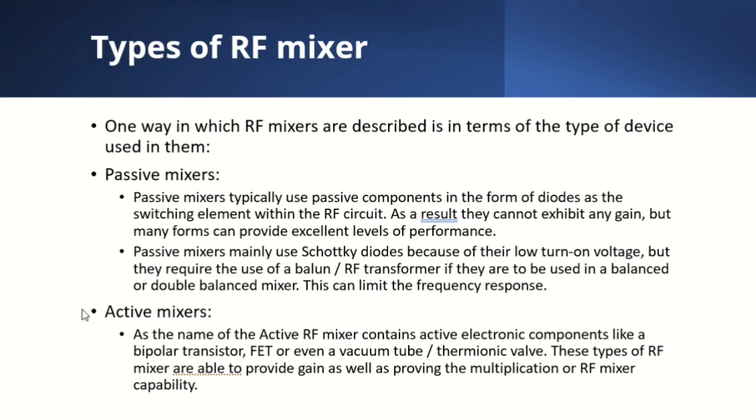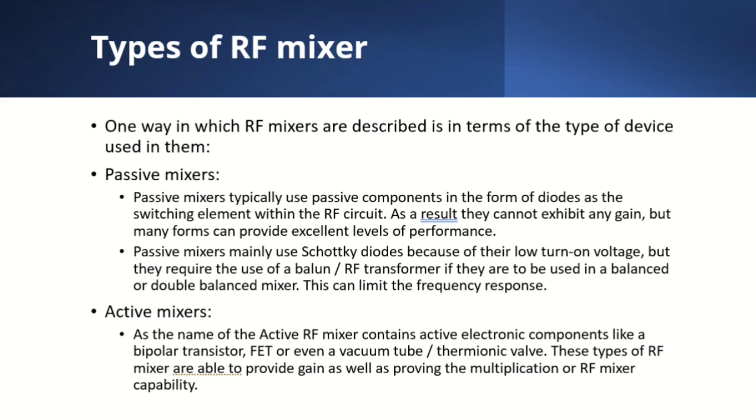However, an active mixer, which uses for example a transistor, MOSFET or FET, or might be a vacuum tube, this kind of RF mixer can provide gain. So not only mixing, but it can also provide amplification. Okay.